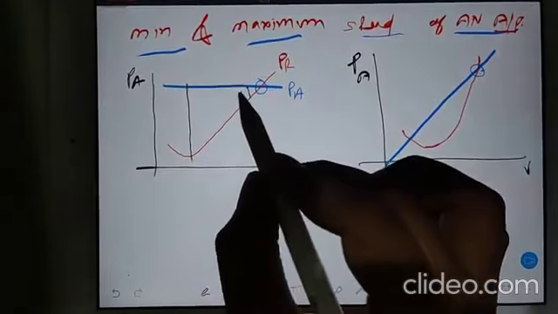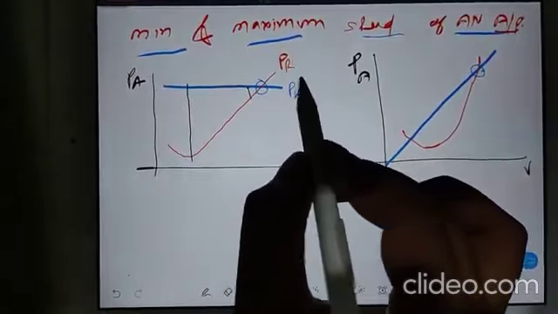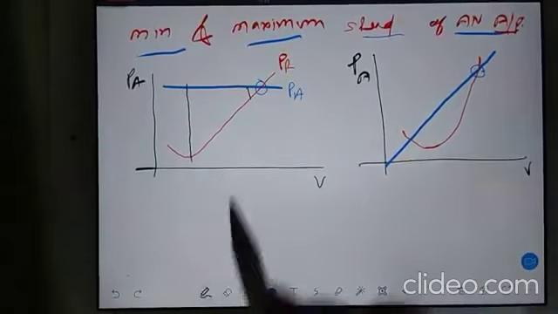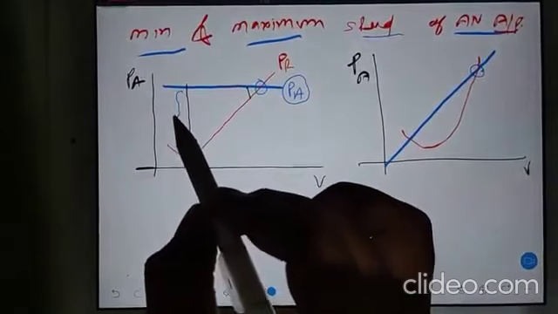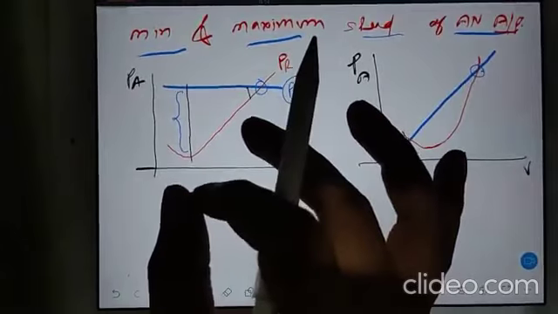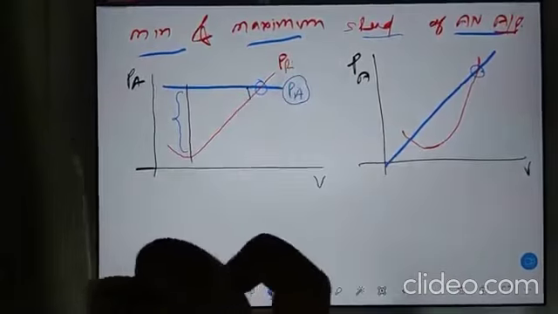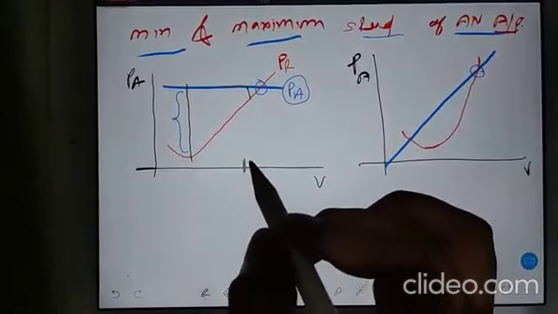So the maximum gap is nothing but the difference between power available and power required. The maximum gap tells you the available excess power, how much power is extra. Suppose you are flying at this velocity.